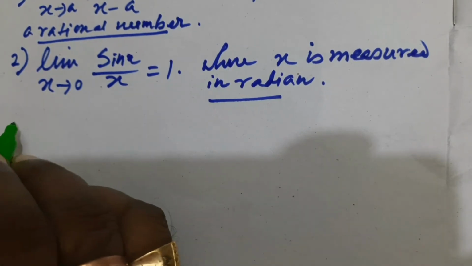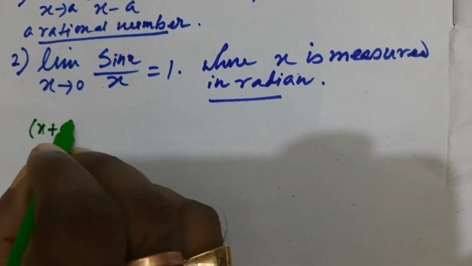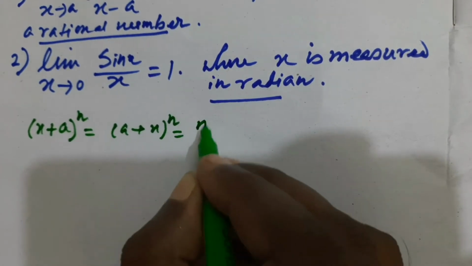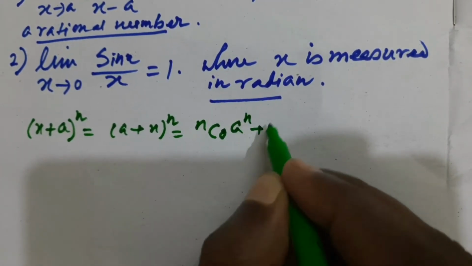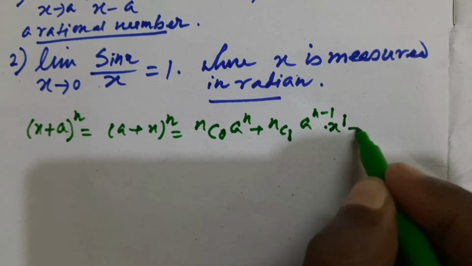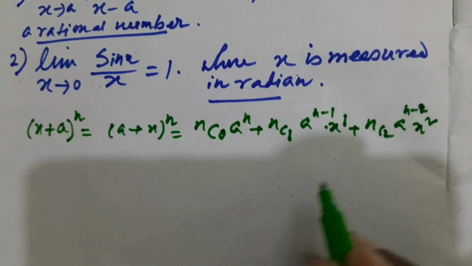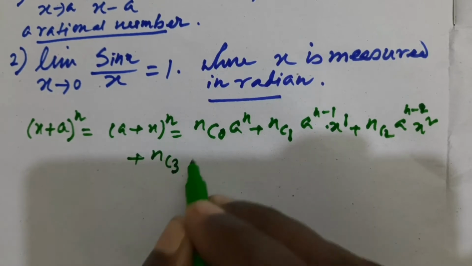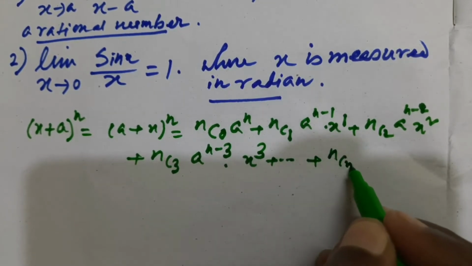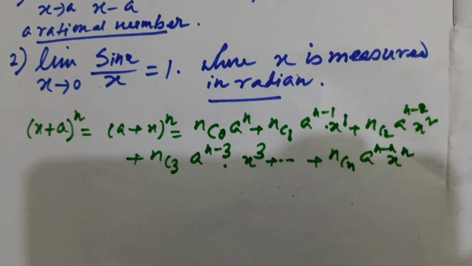Number 1: a plus x whole to the power n, that is nC0 a to the power n, nC1 a to the power n minus 1 into x to the power 1, nC2 a to the power n minus 2 and x to the power 2, plus nC3 a to the power n minus 3 into x to the power 3, plus nCn a to the power n minus n into x to the power n, when n is a positive integer.